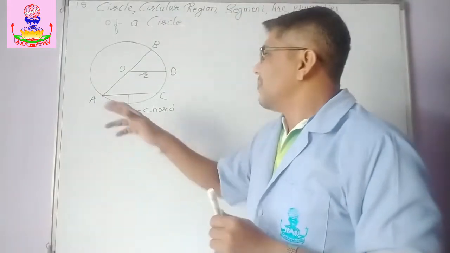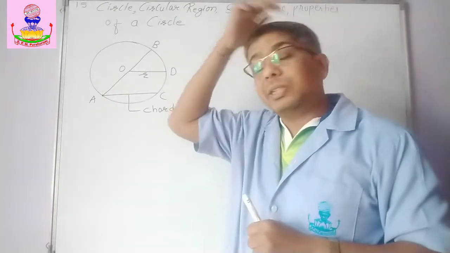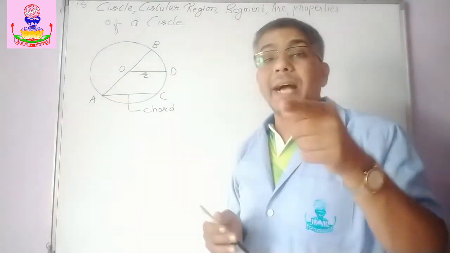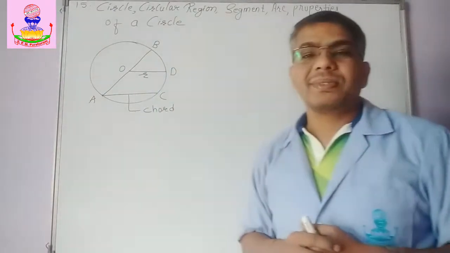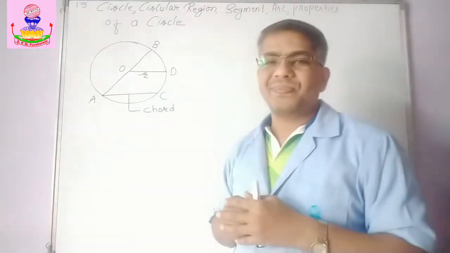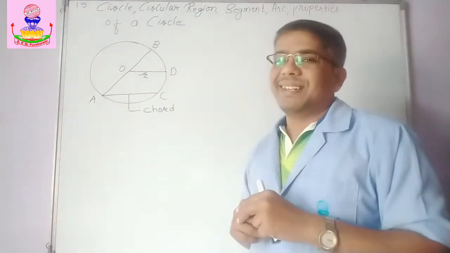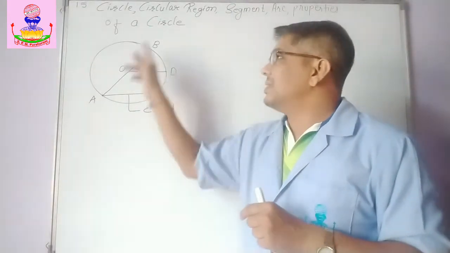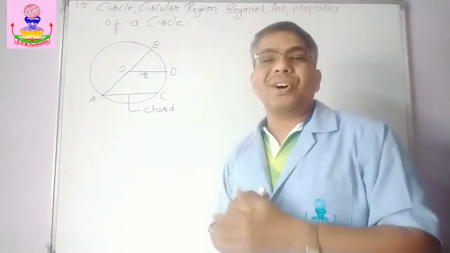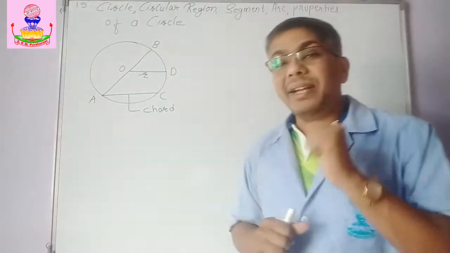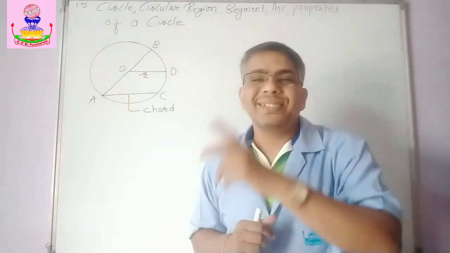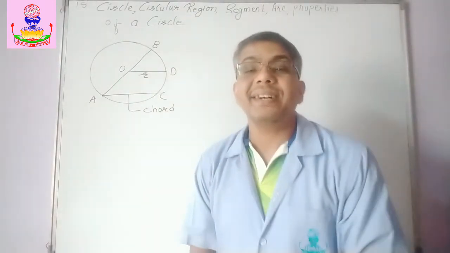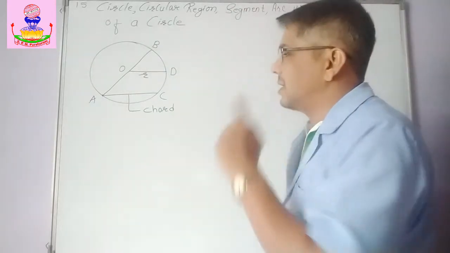One more thing: the diameter again joins any 2 points, so it is also a chord. And mind it, the diameter is the longest chord of the circle.